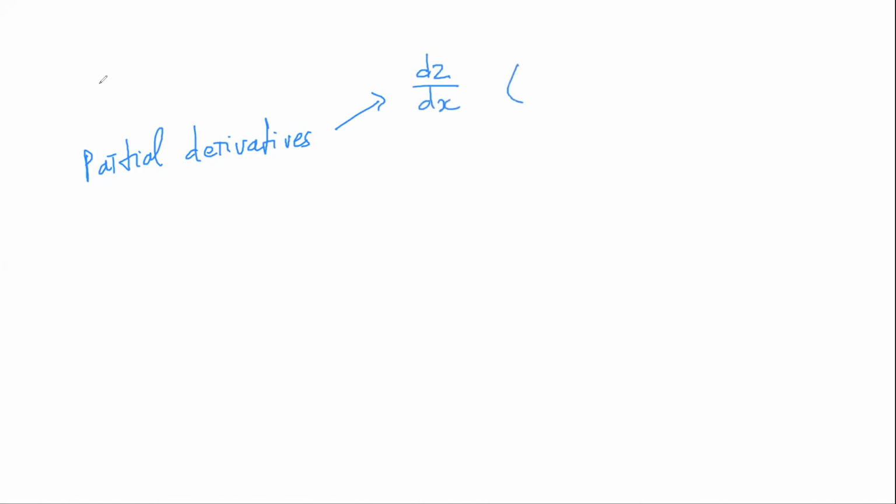If here we have a z, let's say for the simplest case, a function of two variables only, right? And y is fixed.